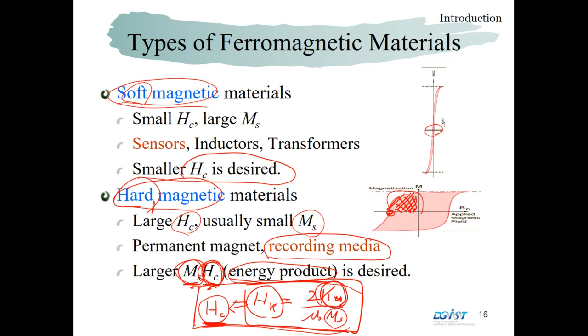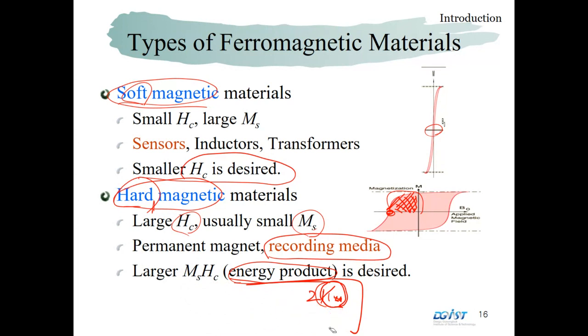In a ferromagnetic material, at a certain temperature, the MS value is very, very small, and it causes a large value of HC. That's that kind of relation. But in general, those two quantities are, can I say, not controllable separately. If you control one material parameter, the other one is affected.